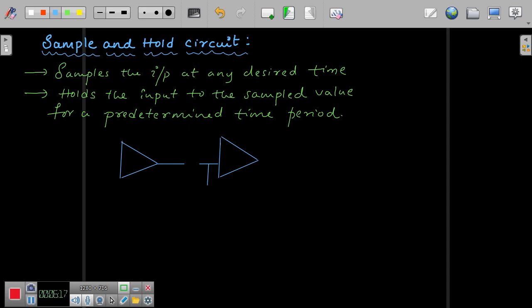This is a very important one, which is the capacitor, and here I use this as the voltage follower. This also is being used as a voltage follower.